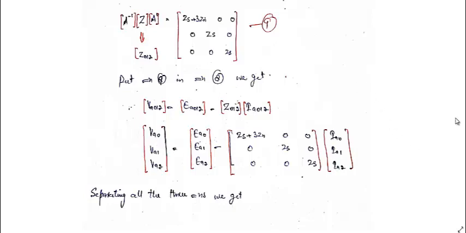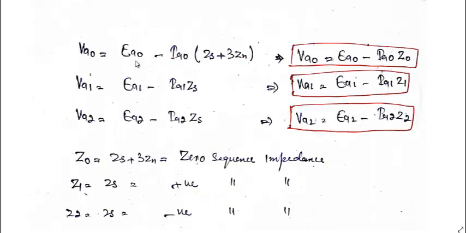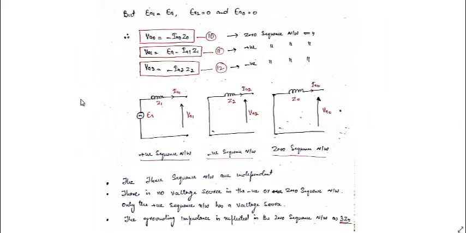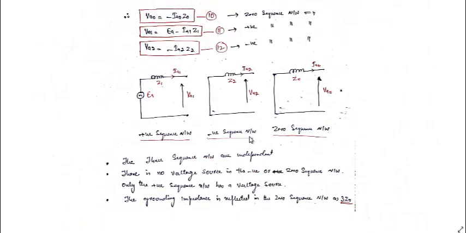For example, in this sequence equation you will see only zeros, this 0, this 0, VA1, EA1, IA1, VA2, EA2. VA2 does not contain VA1 or VA0. VA1 does not contain VA0 or VA2. Similarly, VA0 does not contain VA1 or IA1 or VA2 or IA2. So we can say they are decoupled. Here also they are decoupled.